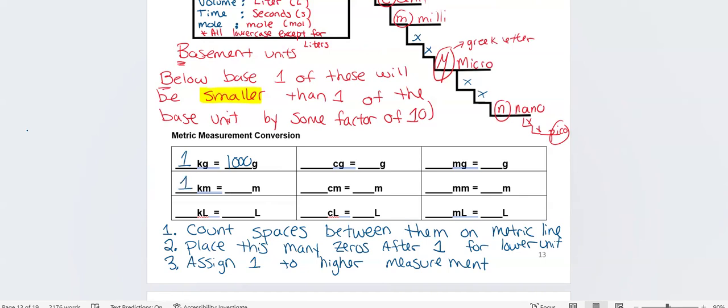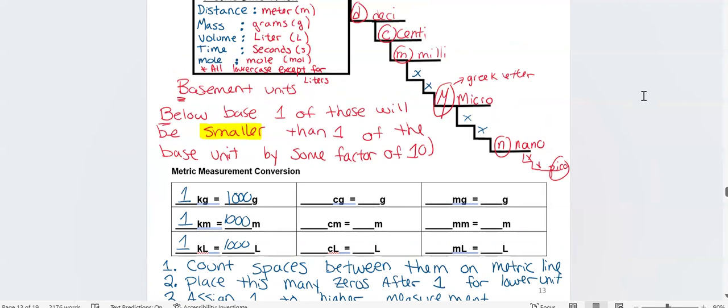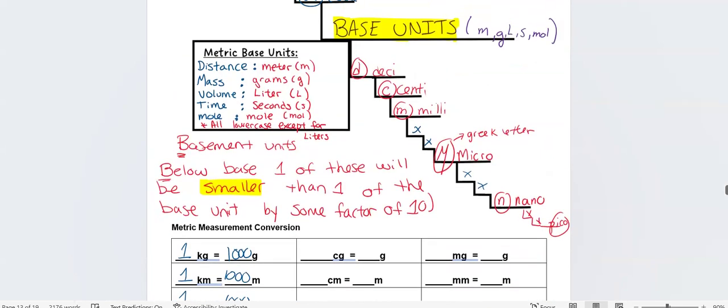So 1 kilometer would also be 1,000 meters. 1 kiloliter would also be 1,000 liters. Okay, same trick. If we look at the next set, we have gram and centi. So gram is here, centi's here. That is 1, 2 steps apart. So the one that's higher on the staircase is gram, that gets the 1, and then centi gets a 1 with 2 zeros.